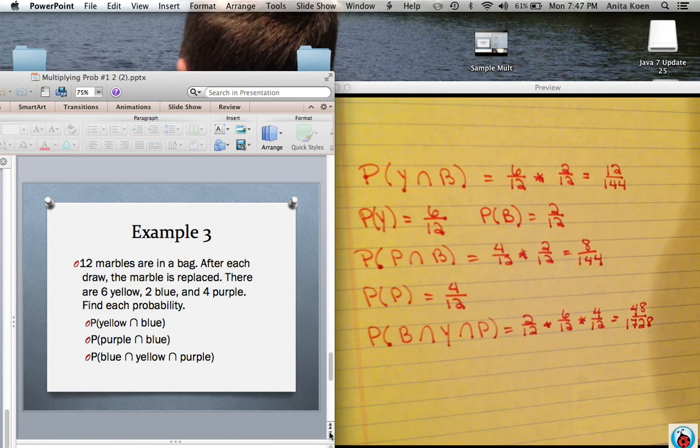So the probability that we will pull a blue and a yellow and a purple is 48 out of 1,728.